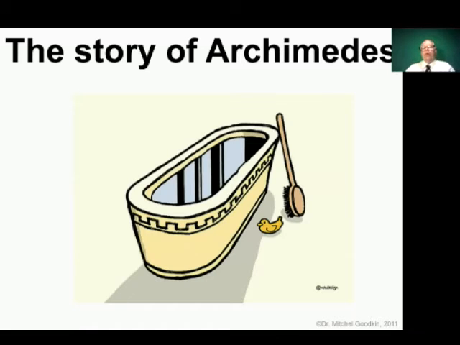Well, there's a story, and the story is of a man named Archimedes. Archimedes was a Greek philosopher, and what he did was he filled a bathtub all the way to the top, right? So this was the tub, and he was going to take a bath, and he filled it all the way to the top.